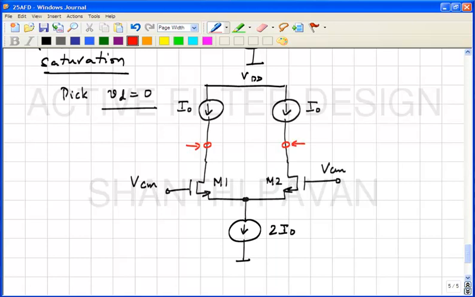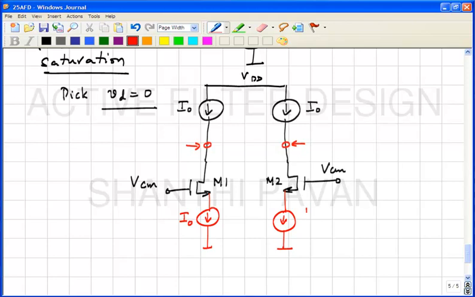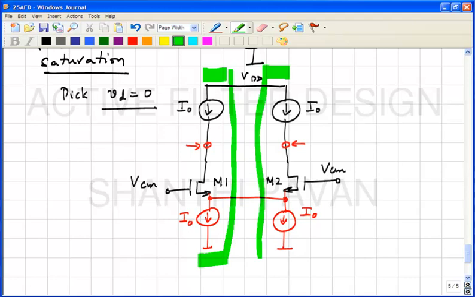So, for analysis, what we might as well do is analyze the half circuit like this, with the understanding that whatever conclusions we come up with for this part of the circuit will also be the same for the other half. Does it make sense?